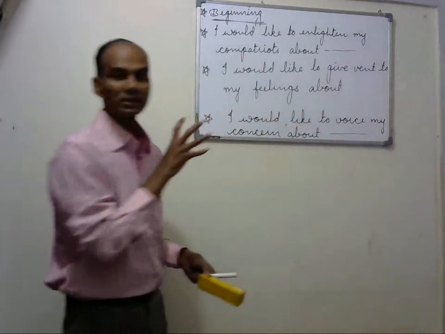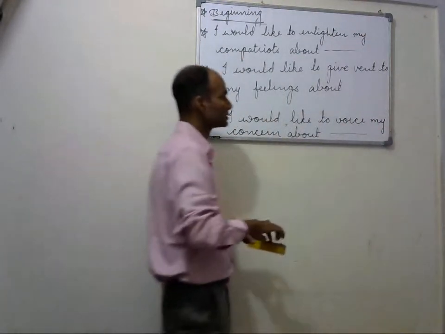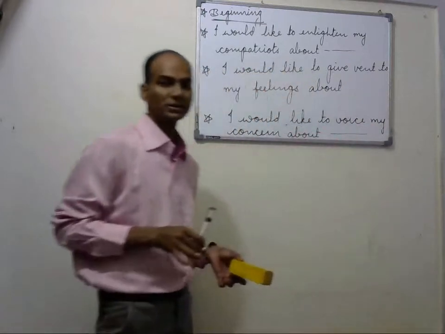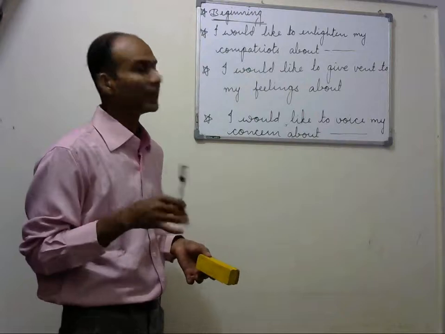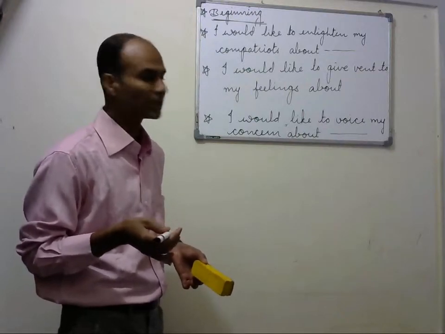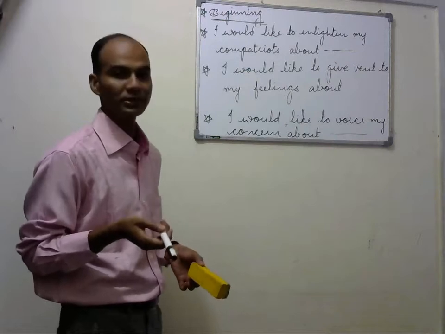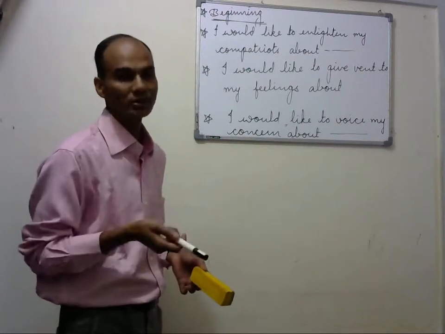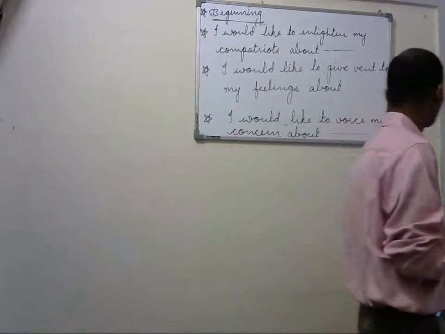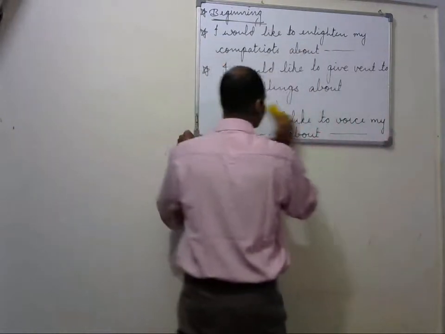So, give vent to my feelings. Here, give vent means express. So in place of writing I would like to express my feelings, you can also use this, give vent to my feelings. Or this can be in this way as well.